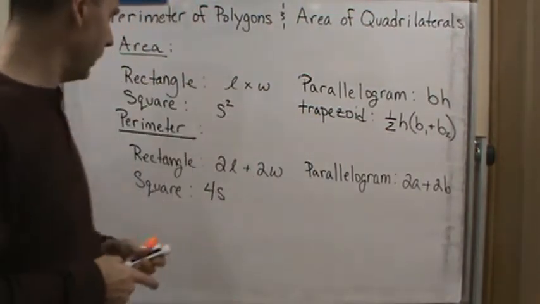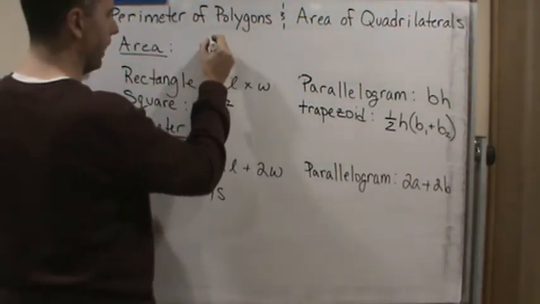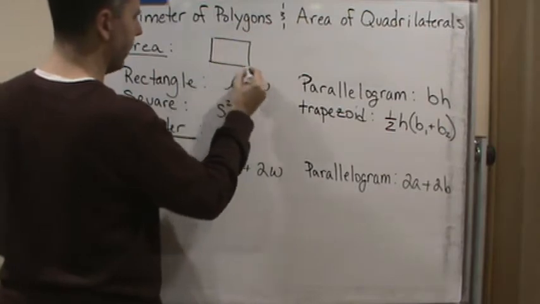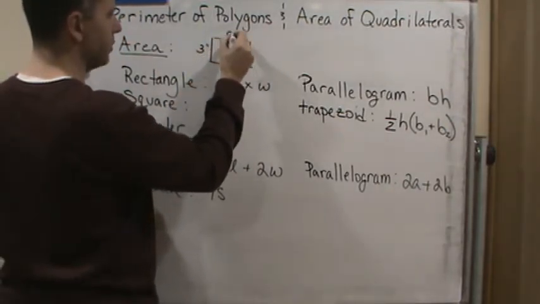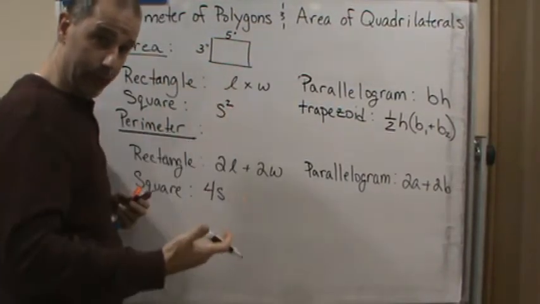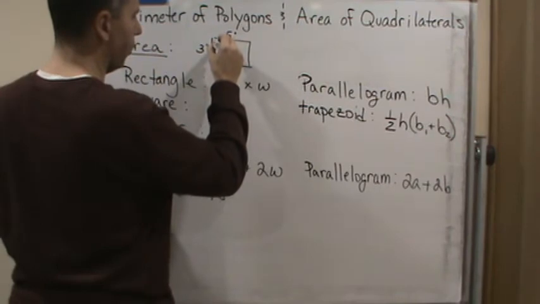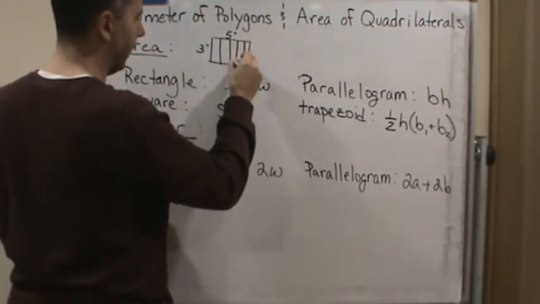Okay, so in other words, a rectangle is a good one to visualize this, because if we have a rectangle that's 3 inches by 5 inches, then we can cut this up into square units. So we can go 1, 2, 3, 4, 5 units this way.